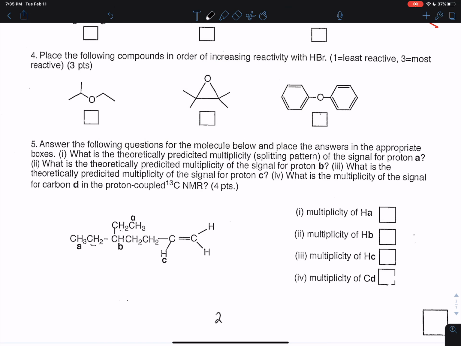So place the following compounds in order of increasing reactivity with HBr, okay? 1 being the least, 3 being the most. So HBr, is that a strong acid or strong base? What is that? Strong acid, for sure.